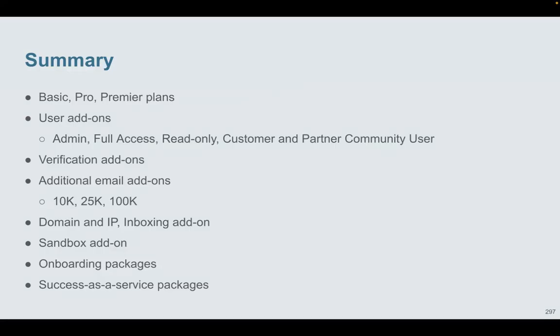And also we have some add-ons for the user, verification credits, and additional email add-ons as well. And we have some add-ons for domain IP inboxing, sandbox, onboarding packages, success packages as well. I'll just go in depth for each one of them. And if you have any questions at the end of this webinar, just feel free to put down your questions, and I'm happy to clarify all of them.